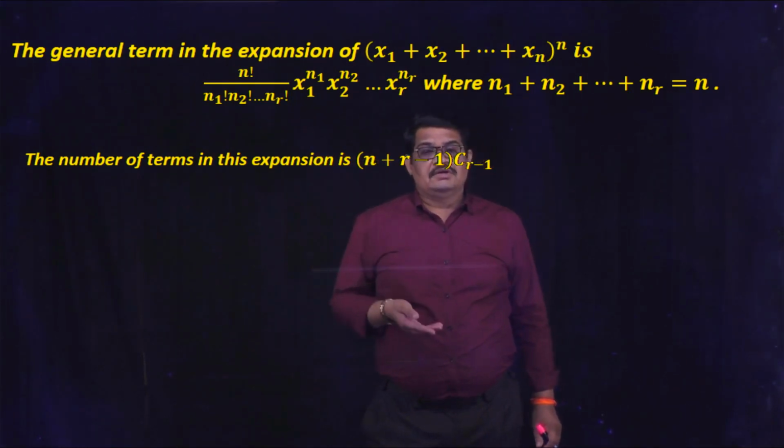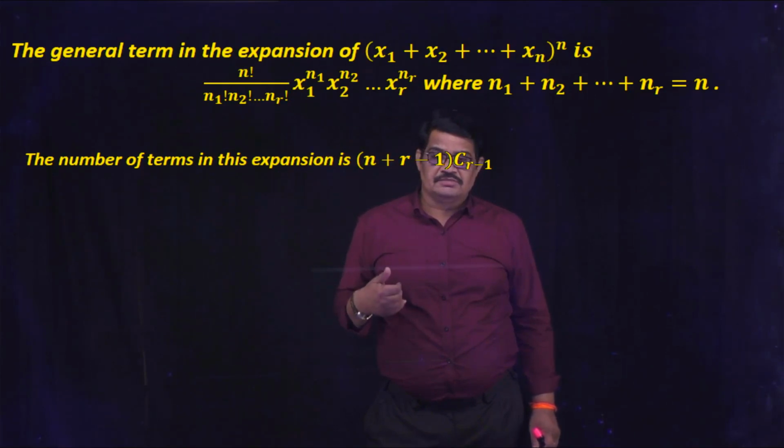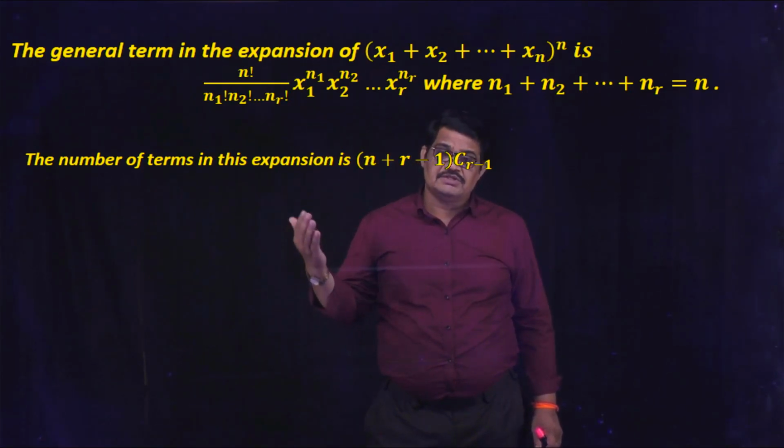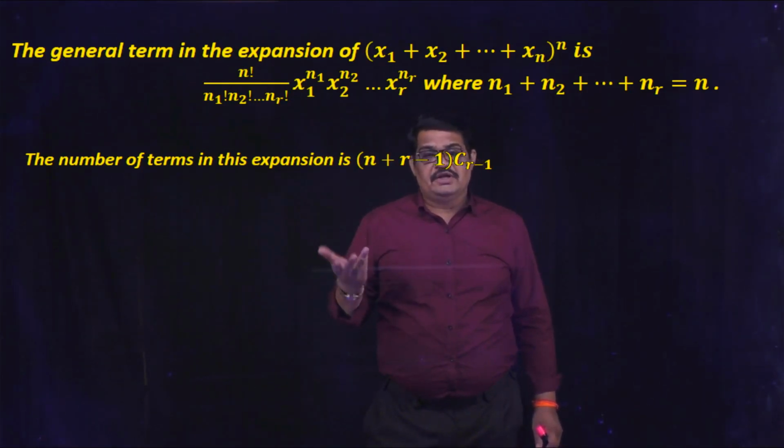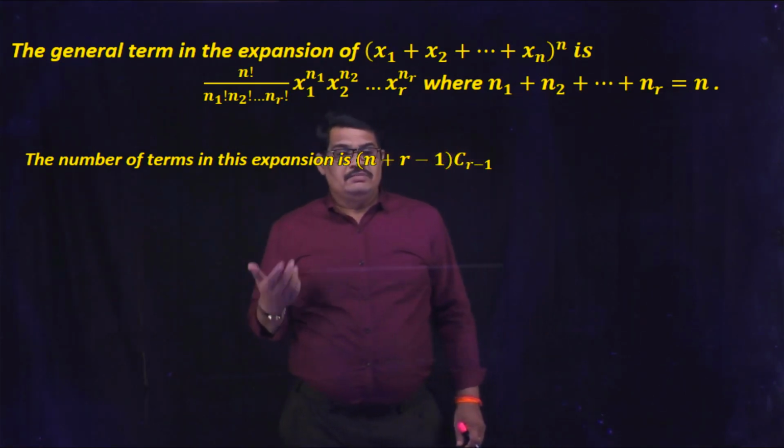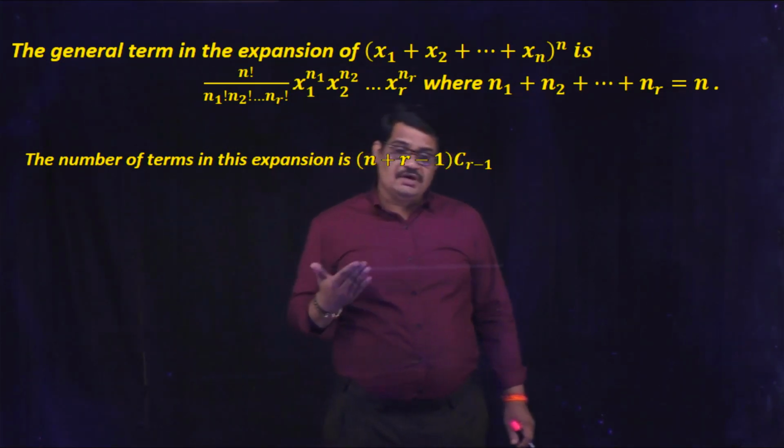So in that there are multiple terms. A binomial expansion has 2 terms. Here we are taking many terms, x1, x2 and so on.